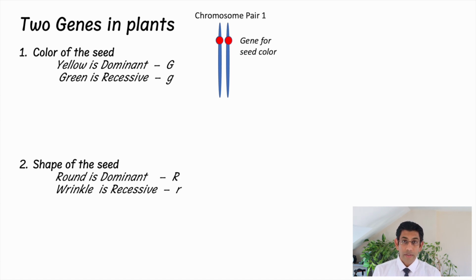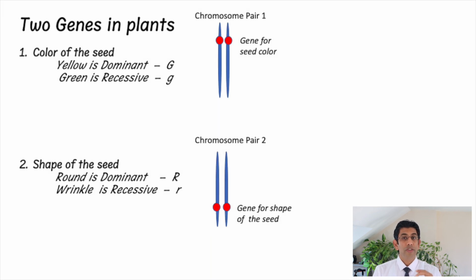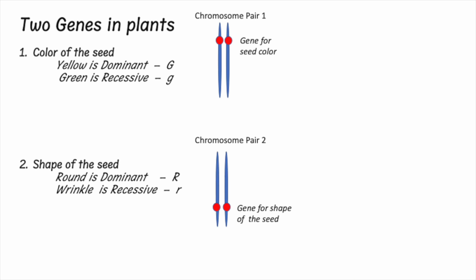The round seed is dominant, represented by capital R. The wrinkled seed, which is the recessive character, is represented by small r. Please note, these two genes are sitting on two different homologous pairs of chromosomes. That's very important for this dihybrid inheritance.